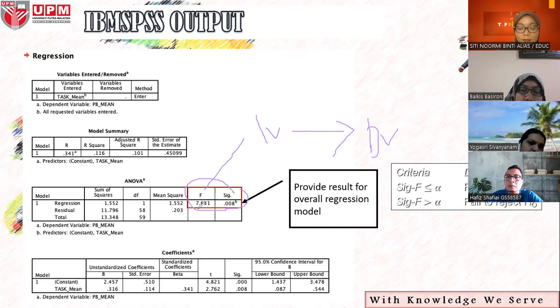Kalau kat sini kata significant, so we know that our IV significantly influence the DV. Ni dia susah sikit nanti bila we enter the multiple linear regression, then you can see the actual function of F and significant F. Okay, ni faham?